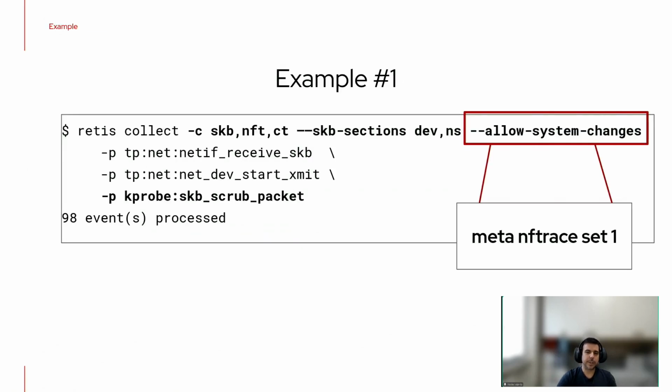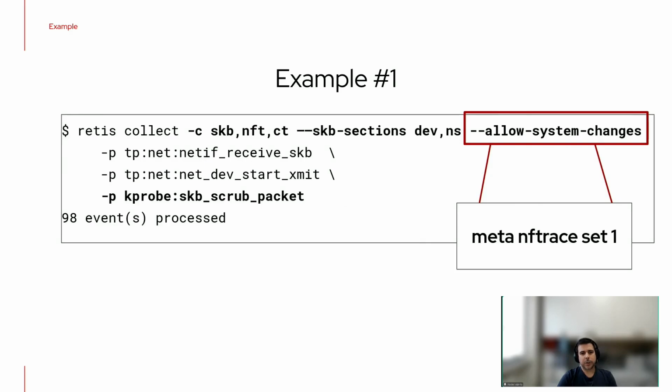And back to our example, here a few collectors are added, in this case NFT and CT on top of the skb we've seen. We are probing another function, skb_scrub_packet. And we also enable another skb section to dump the network namespace in addition to the device section.